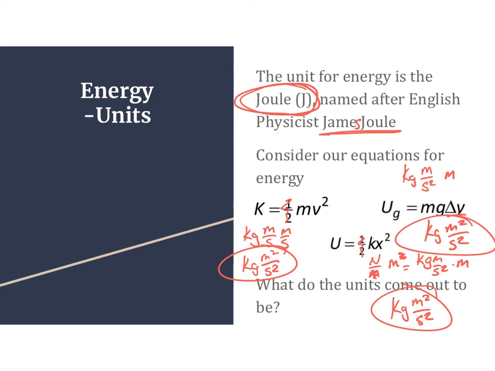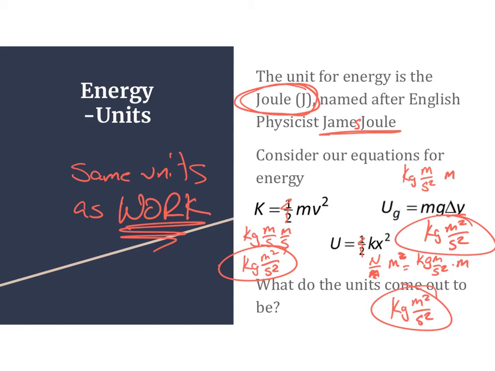Now, the other thing that you might recall and notice is that these are the same units as work. What? I know, it's ridiculous. It's crazy. But it's also amazing.